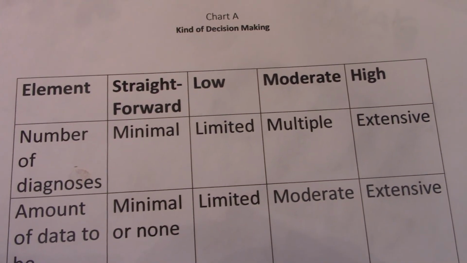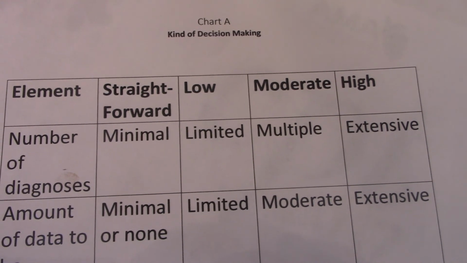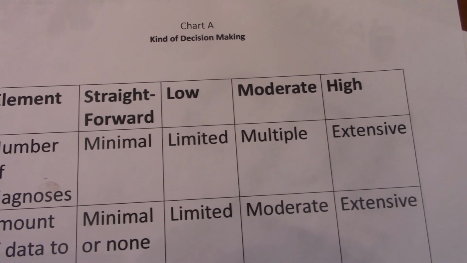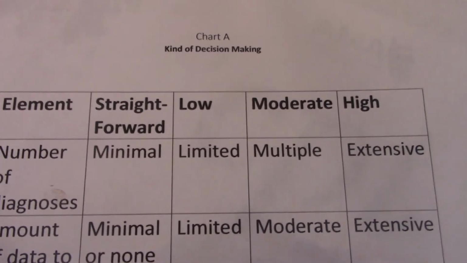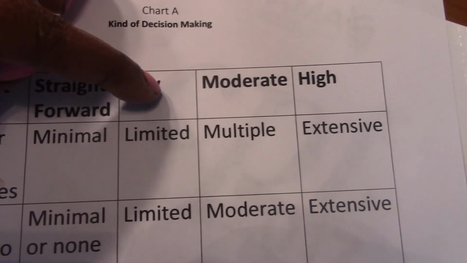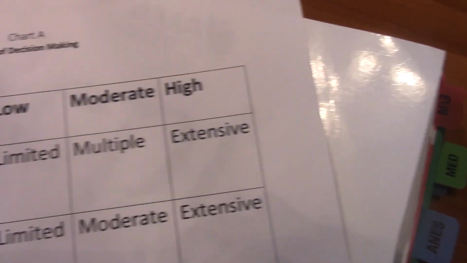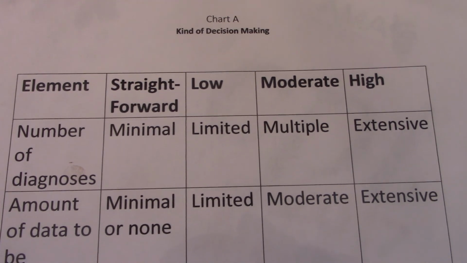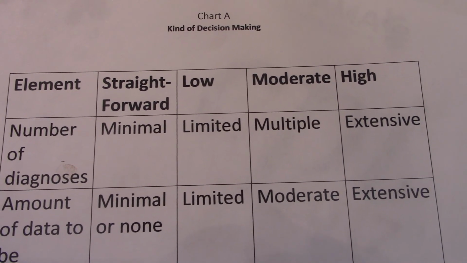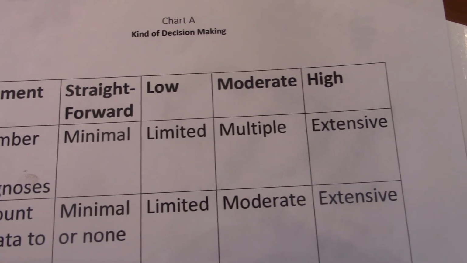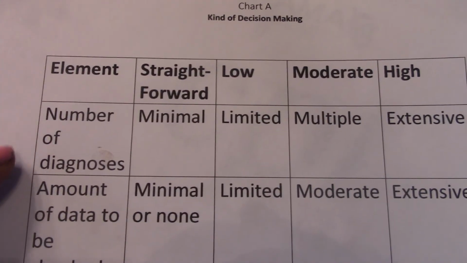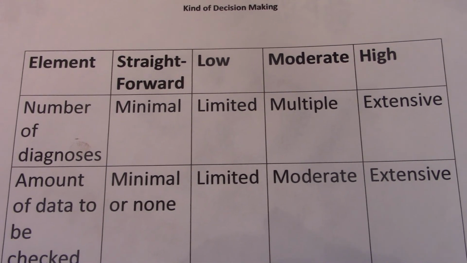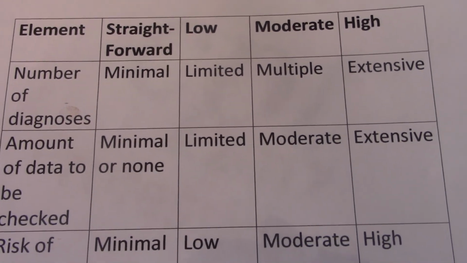you will see that going across the top, which is considered our x-axis, is listed the kinds of decision making that can be made. So you have straightforward, low, moderate, and high. Okay? See all of those? Going down the page, the y-axis, you can see the different elements that need to be considered in order to make a final selection of the kind of decision.